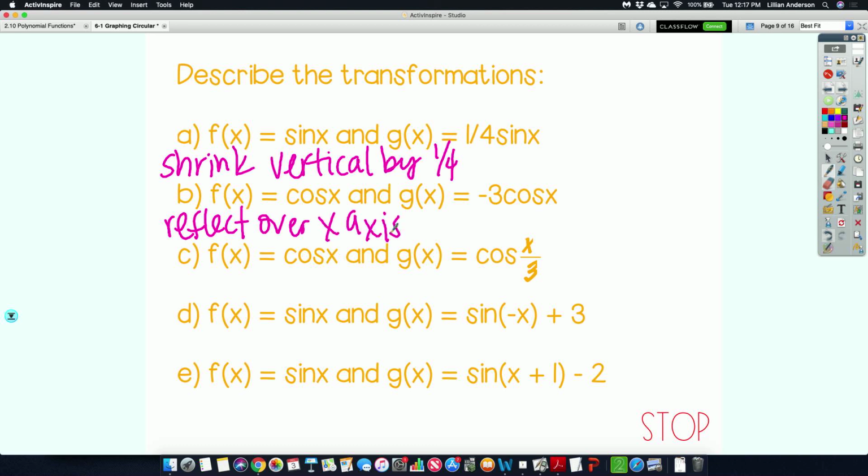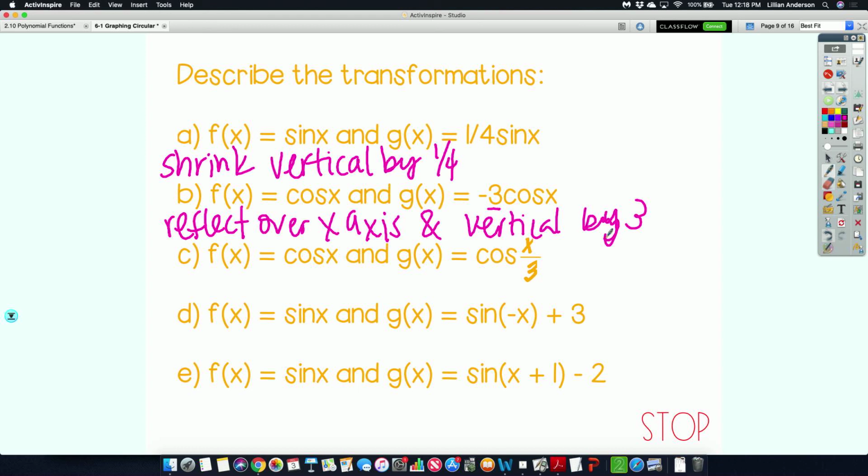Anything else? Vertically by 3, and you can say vertically stretched. I'm not going to penalize you if you put stretch when it was really a shrink. I'm going to penalize you if you don't put vertical or horizontal. You cannot vertically stretch something by a negative number, nor can you horizontally stretch something by a negative number. That negative is a different type of transformation.